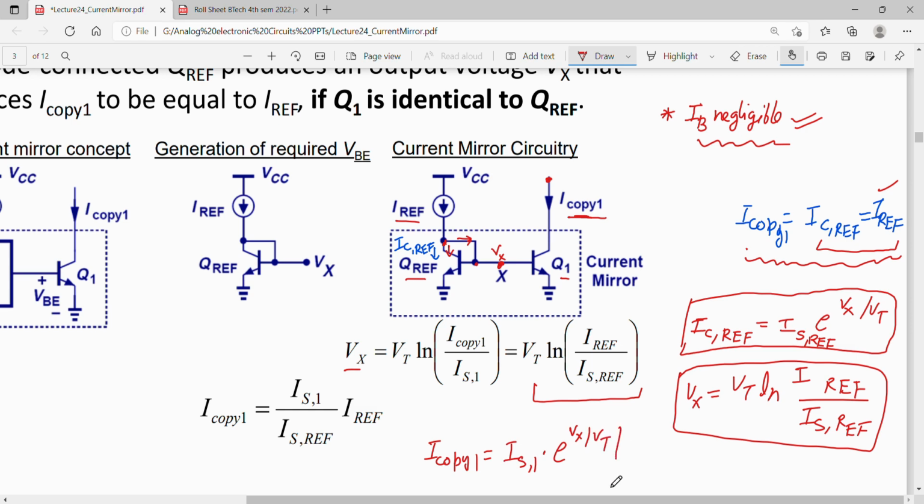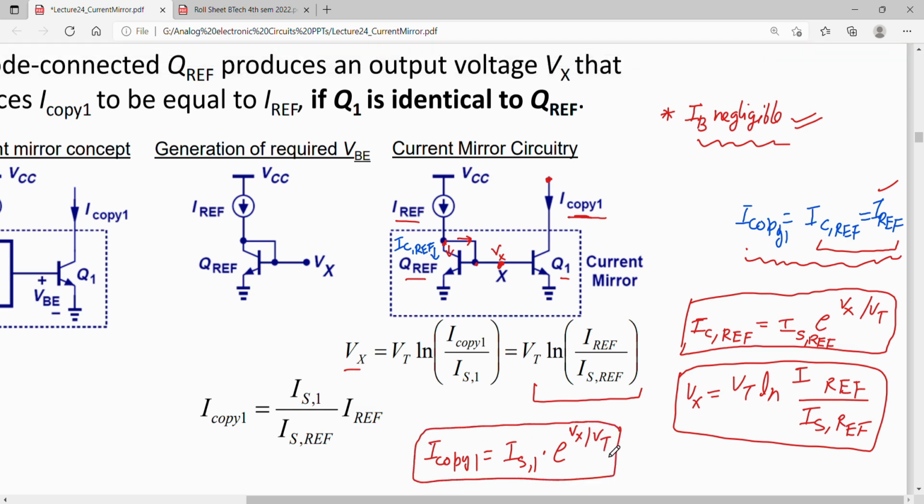So from here I can write Vx is Vt ln I copy 1 divided by IS1, the saturation current of transistor 1, which is similar to this equation here. Okay. So Vx is equal to this much.